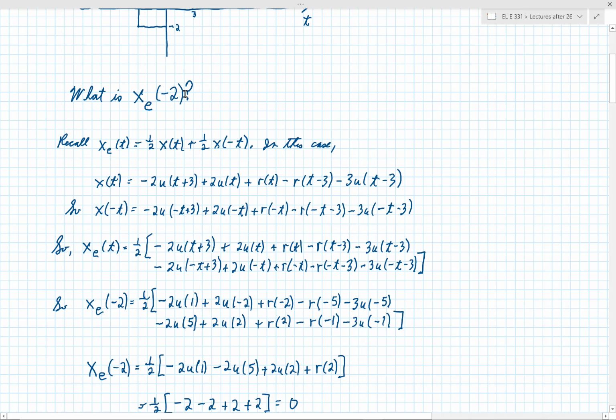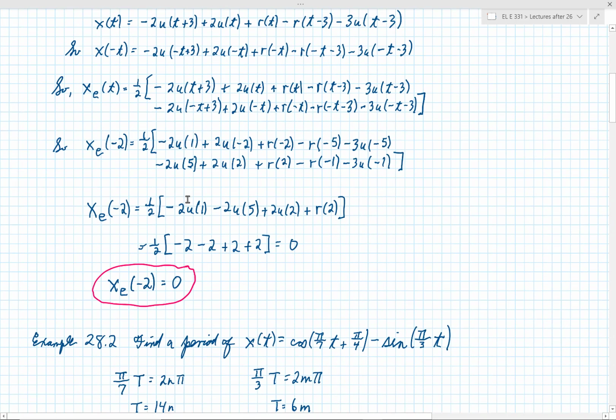We want to find xe of -2, so let's do that. When we substitute in t equals -2 everywhere in this lengthy expression, we will get this expression right here. Even though that's a long expression, it does simplify a lot, because u of -2 we know is 0, r of -2 is 0, r of -5 is 0, u of -5 is 0, r of -1 is 0, u of -1 is 0.